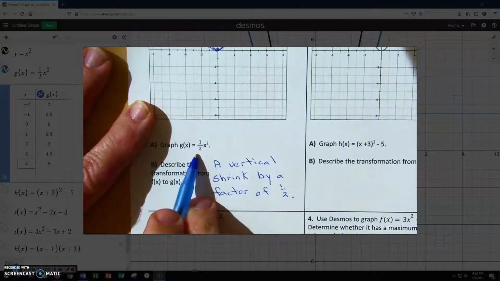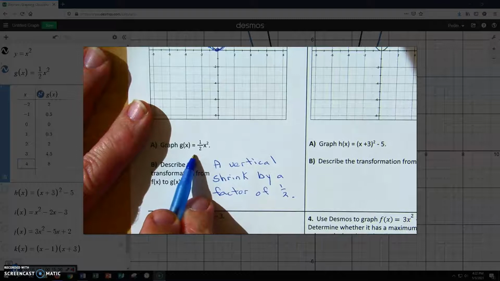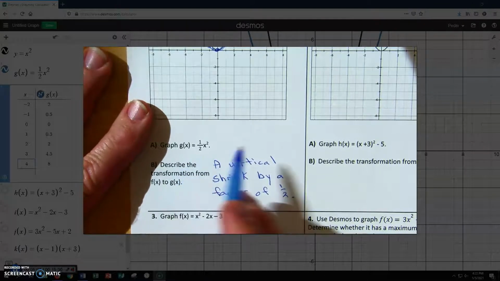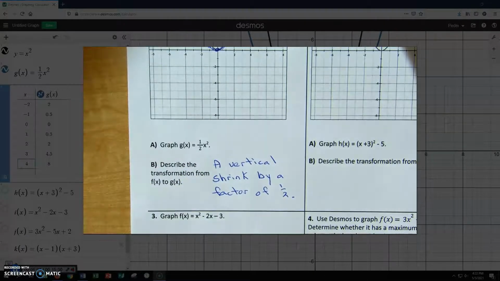So that's what that number out front was. That number represents A, and A can cause a vertical shrink or a vertical stretch, and it can also cause the parabola to reflect across the x-axis.